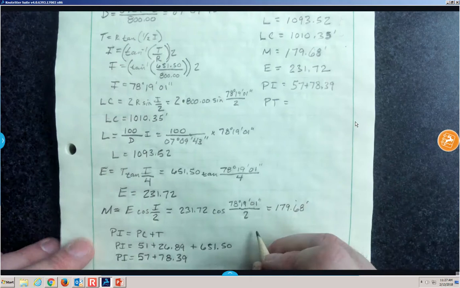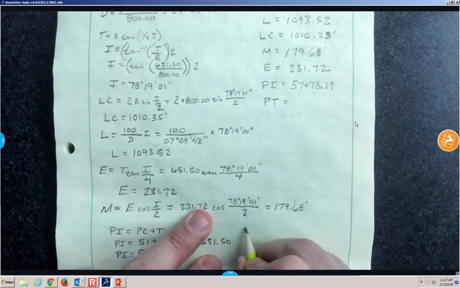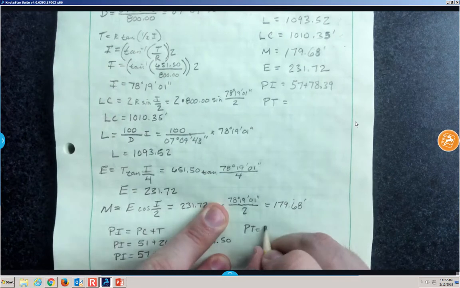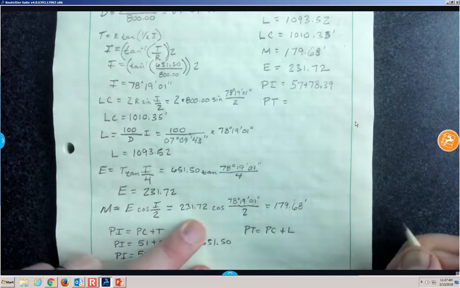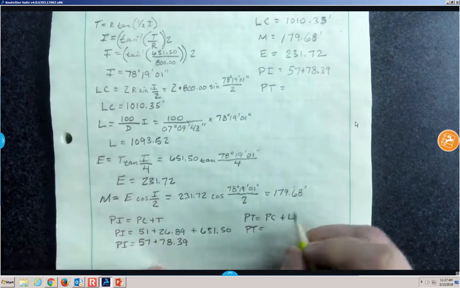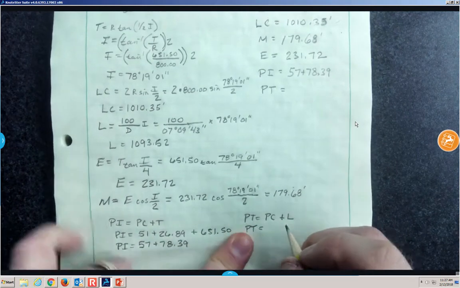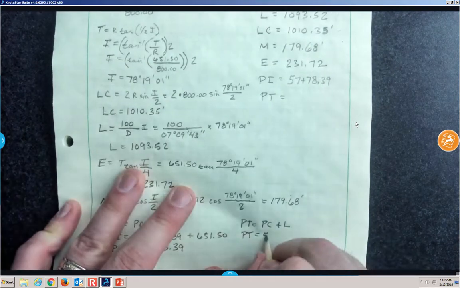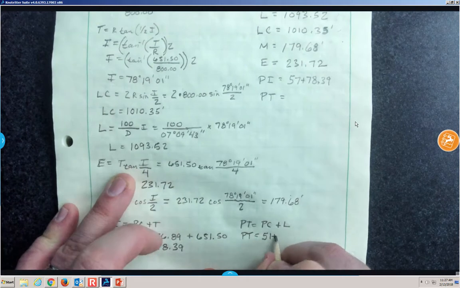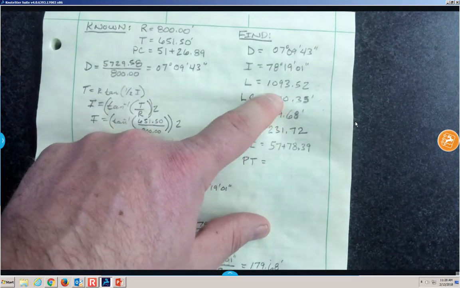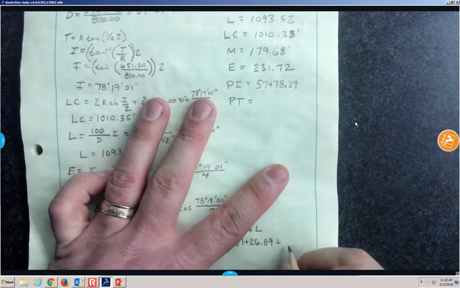All right, so let's solve for our PT then. The PT is equal to the PC plus L. So our PT is equal to PC, which we were given, 51 plus 26.89, plus L, 1093.52.